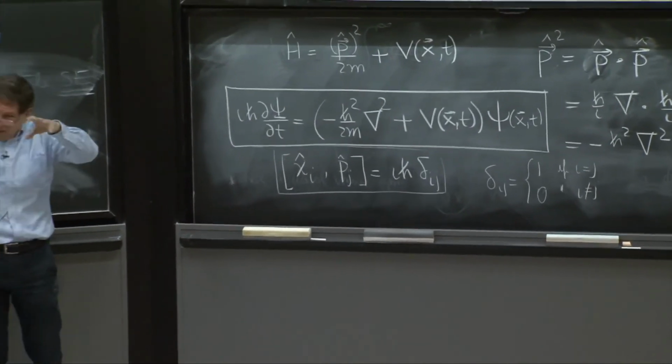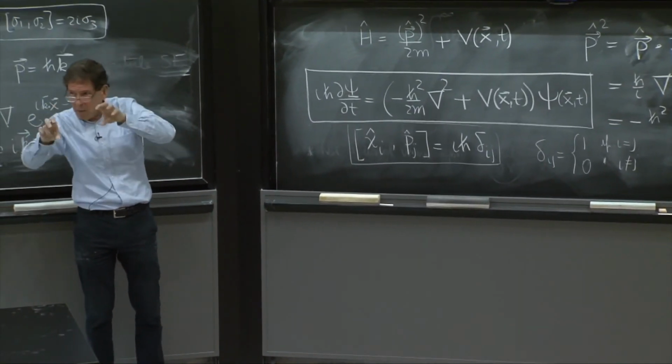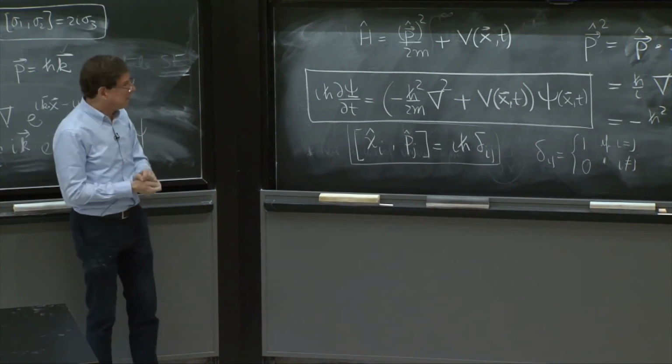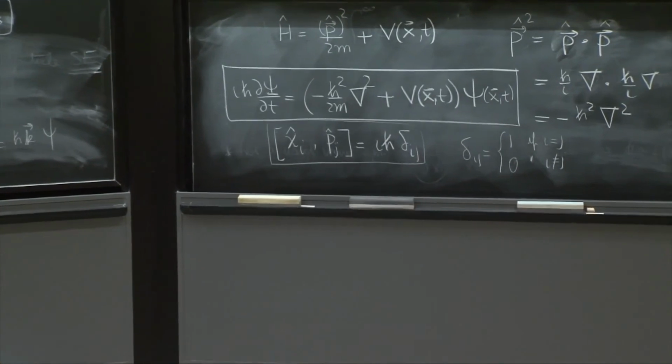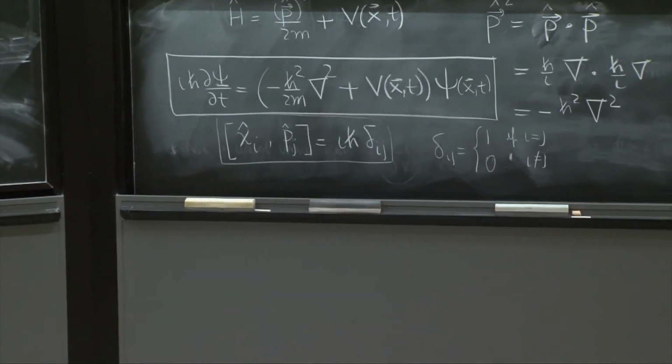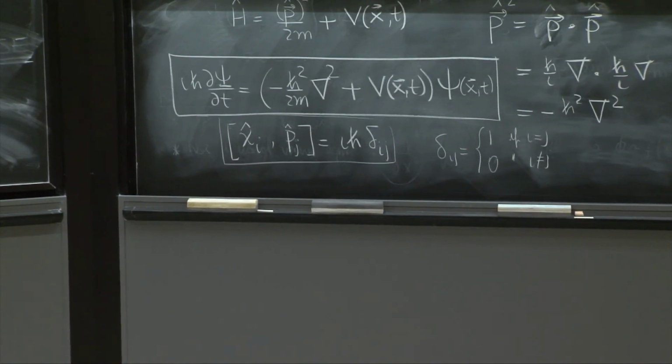You've seen that in fact x just talks to p_x, y talks to p_y, z talks to p_z. So that's it for the Schrodinger equation.